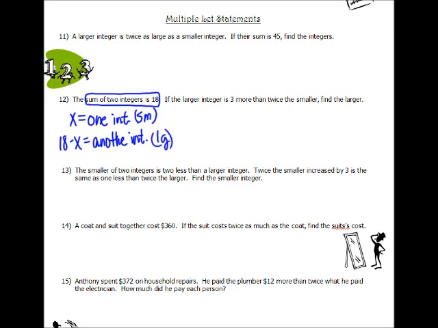If the larger is 3 more than twice the smaller, find the larger. So I would add x to the right, giving me 3x, and I would subtract 3, giving me 15, and then I get x equals 5. So I have 5 and 13.